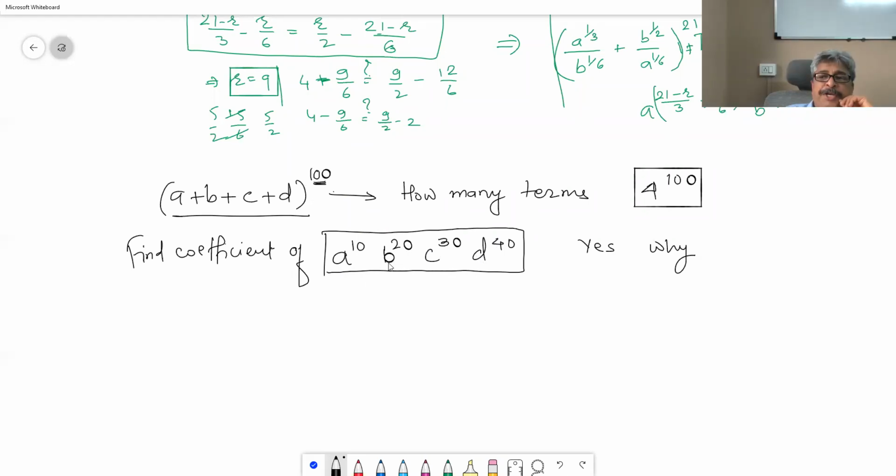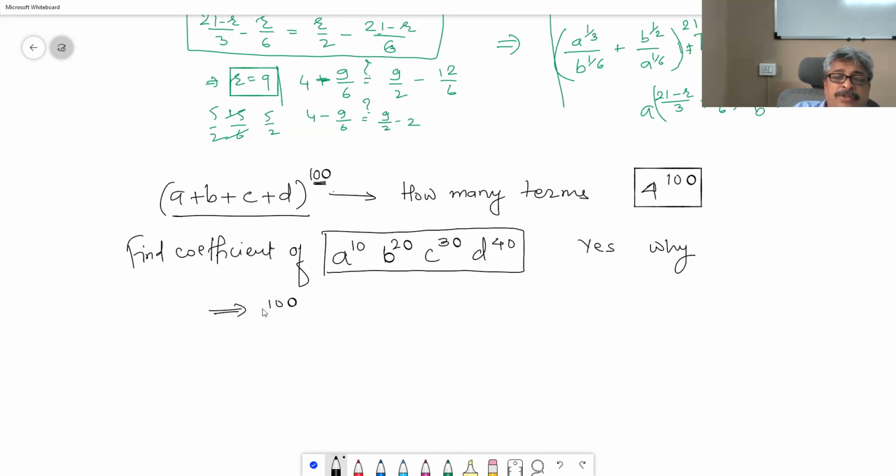I have to choose 20 b's from remaining 90 brackets. I have to choose 30 c's from remaining 70 brackets, and then from the remaining brackets I have to choose d. That is how you should frame your answer in English.